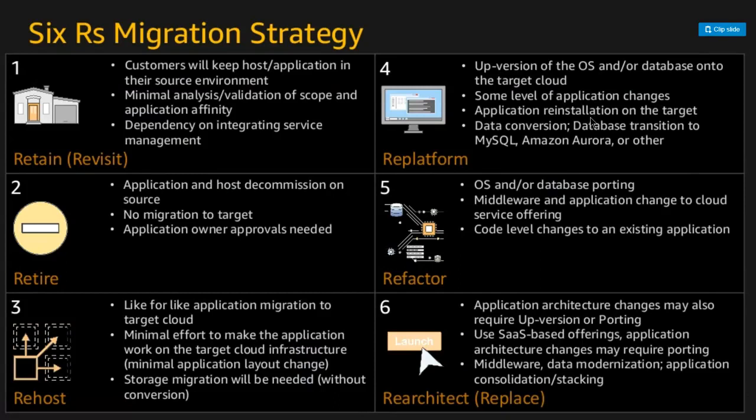And then refactor, that means changing the operating system or database completely. In your on-premise data center you had SUSE or some CentOS. Now you're taking Red Hat, or some other version of operating system such as Amazon Linux. You're changing the operating system, you're changing the database completely, MySQL, Oracle, something else to something else. You're changing middleware.